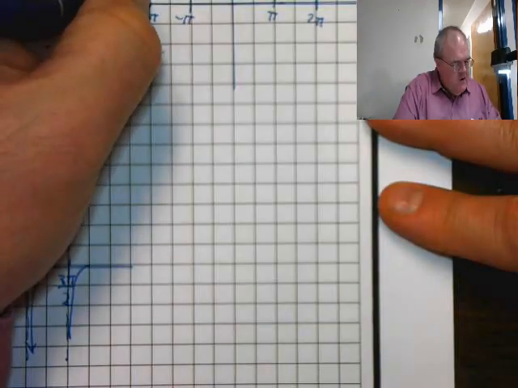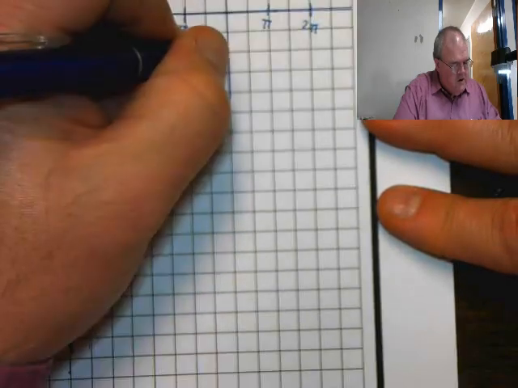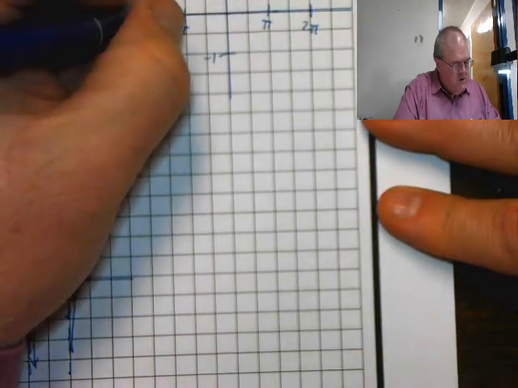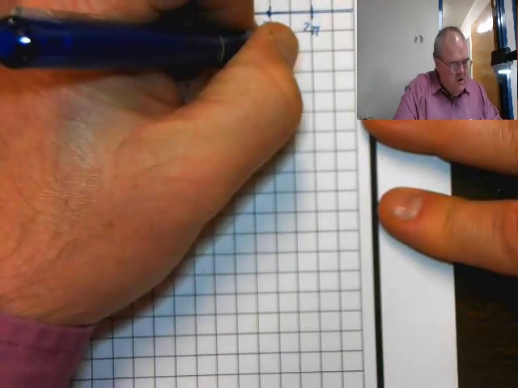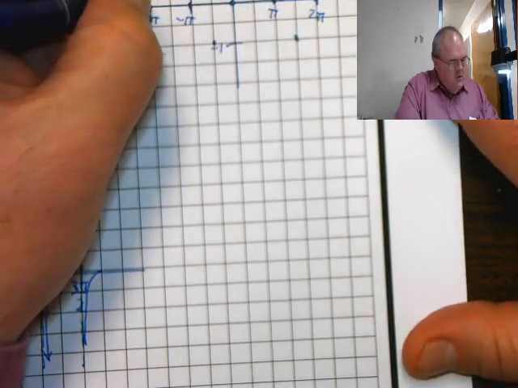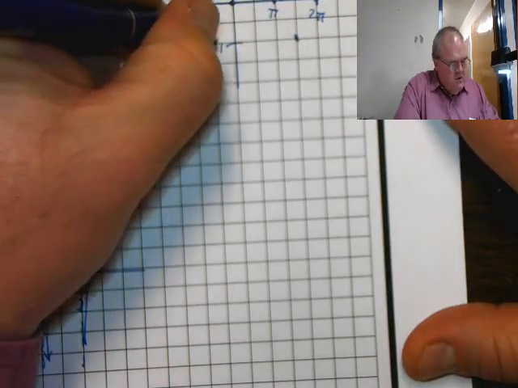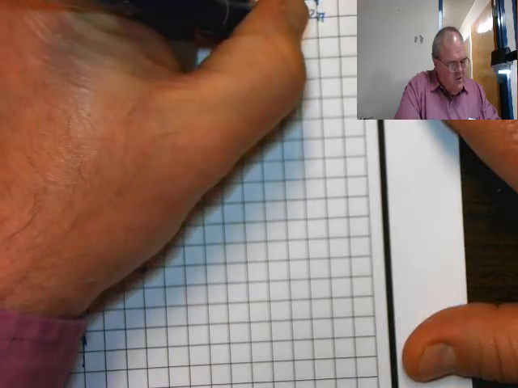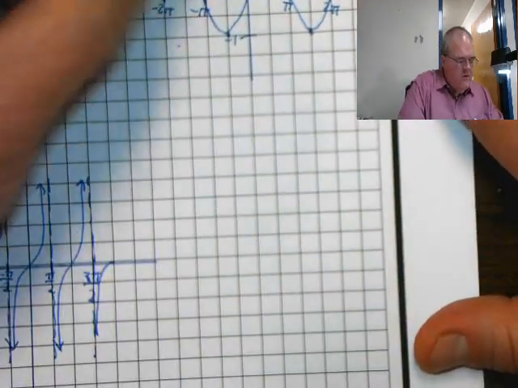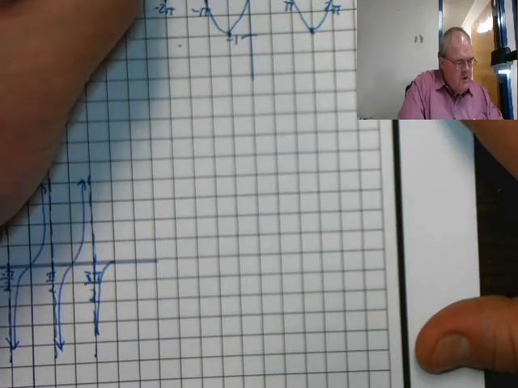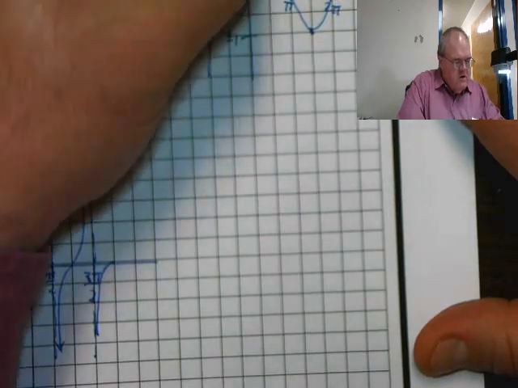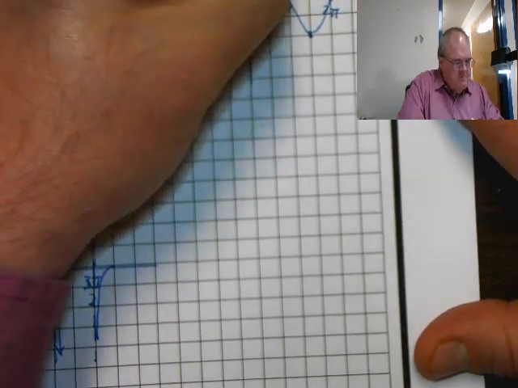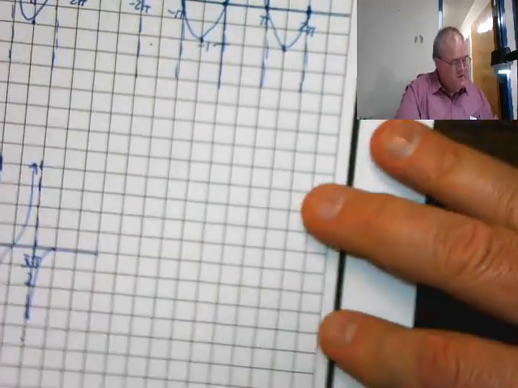So we have 0, 1, 0, negative 1, 0, 1, 0, negative 1, and 0. And then wherever sine hits 0, that's where we're going to have our asymptotes. We're going to have an undefined cotangent there.